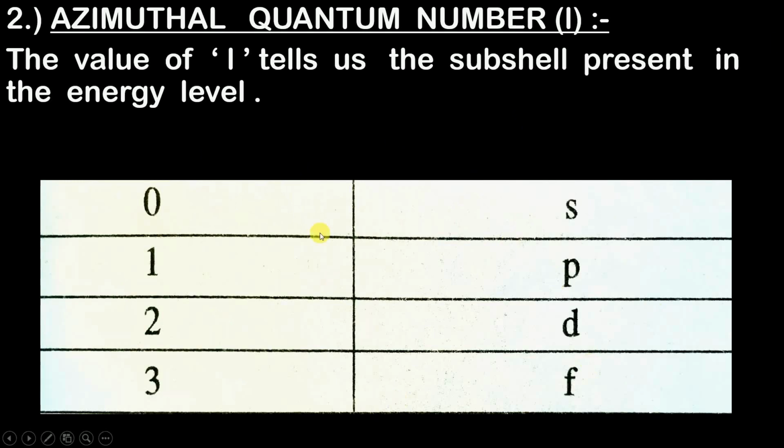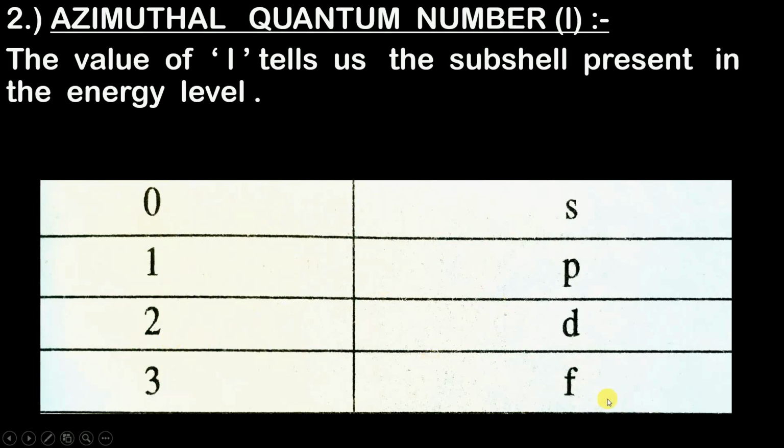See, suppose if the value of L is 0, 0 corresponds to S subshell, 1 corresponds to P subshell, 2 corresponds to D subshell, and 3 corresponds to F subshell, and these are nothing but the values of L. So if the value of L is 0, S, 1, P, 2, D, 3, F.